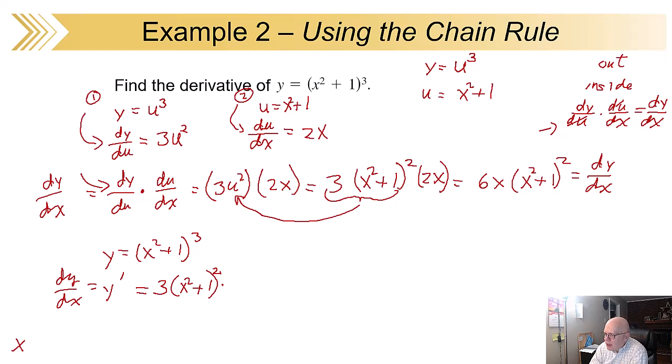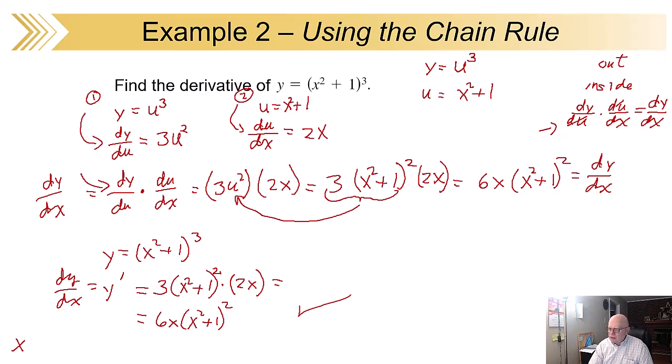So now we take the derivative of that part. And the derivative of the x squared plus 1 is 2x. Slide those things together, and we've got 6x, x squared plus 1 squared. Bingo. Two different ways that are equivalent, but they look different. Pick the one that you like best.